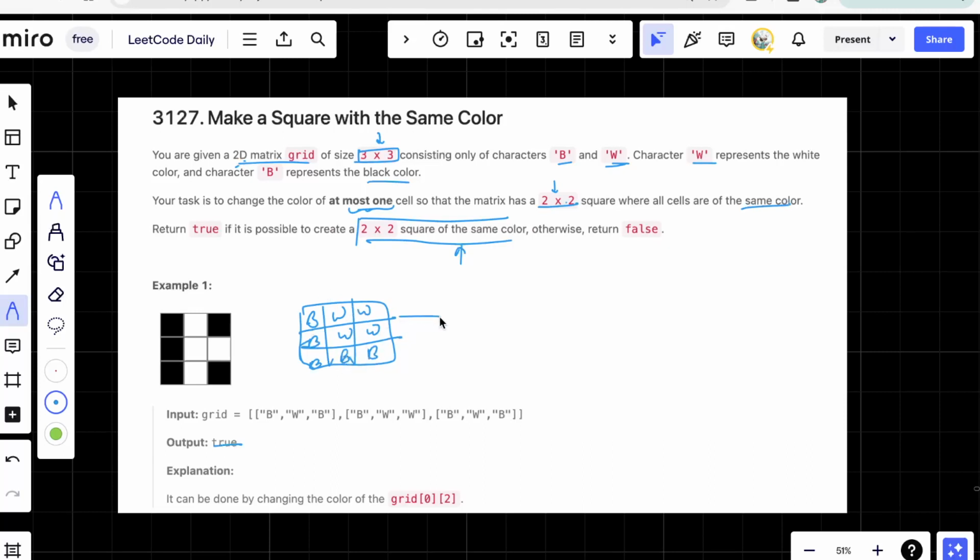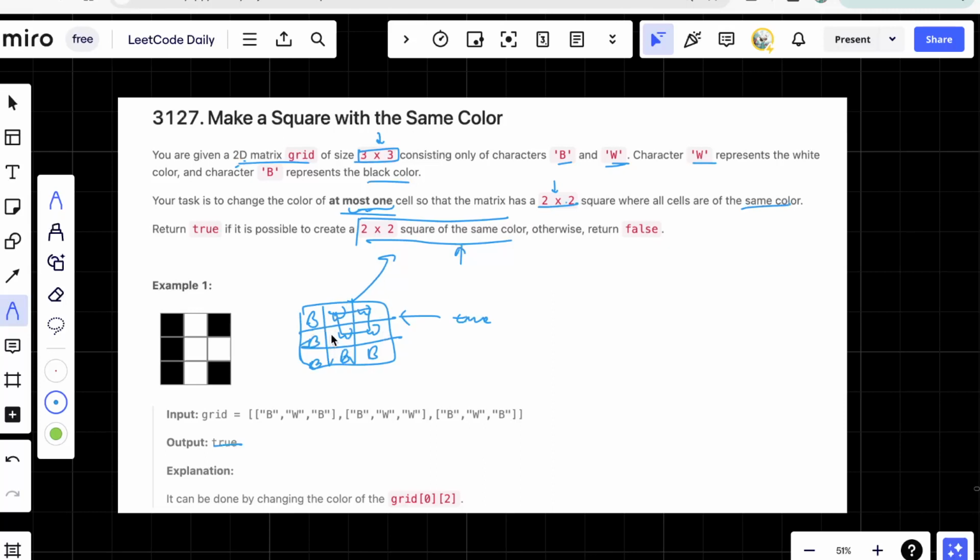Okay, so now for this particular test case, I can already see that this particular grid here has all the cells of the same color, right? And it's a 2 cross 2 square. That means I can simply return true here. I don't even need to change any cell such that I get a 2 cross 2 square. So the ideal case is that we already have it.